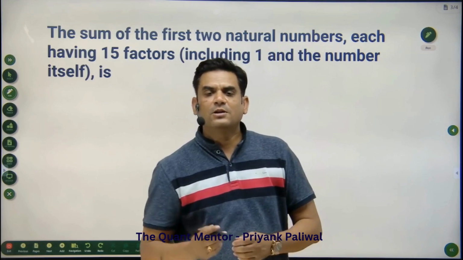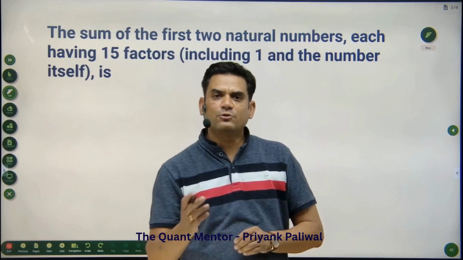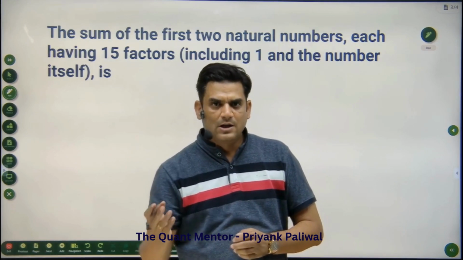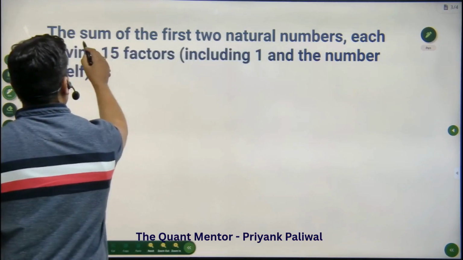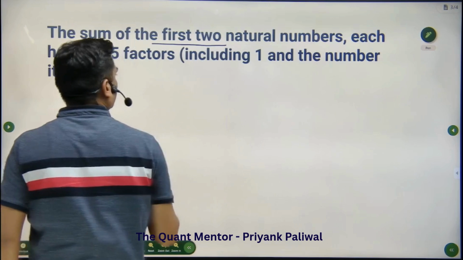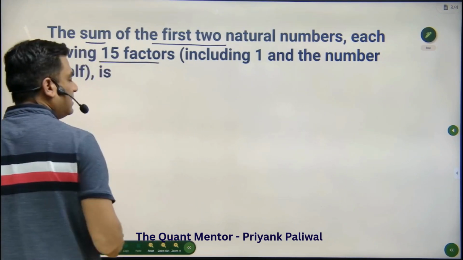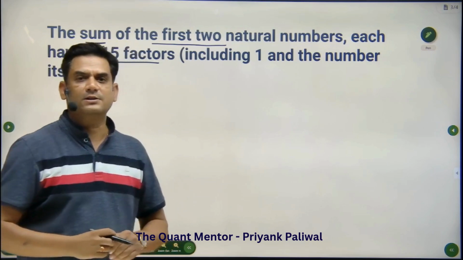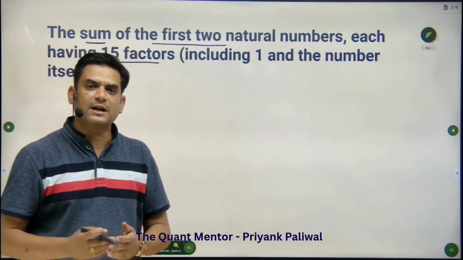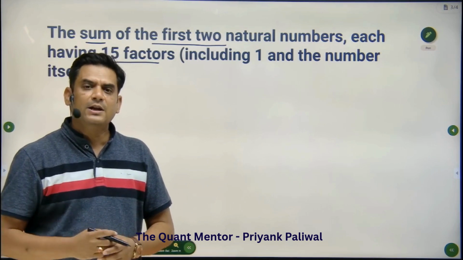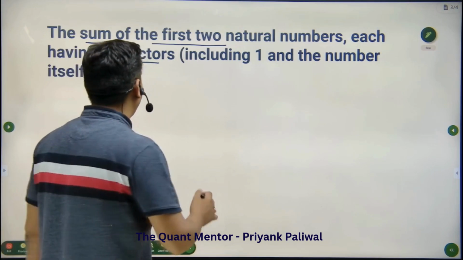So based on the previous example, we'll be doing one question which was there in CAT. We have to find the sum of the first 2 natural numbers, each having how many factors? 15 factors. So in our previous example, we took 2-digit numbers having 12 factors. Here we have 15 factors.